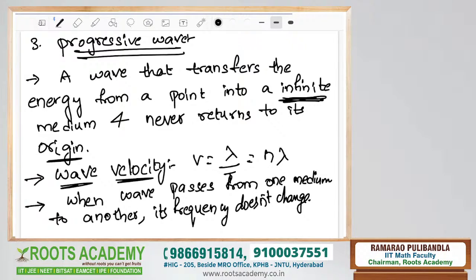So this is an important point that we have to note down. v1 by v2 is equal to lambda 1 by lambda 2. So with this relation we can solve a few problems that would be given. So this is about the progressive wave.